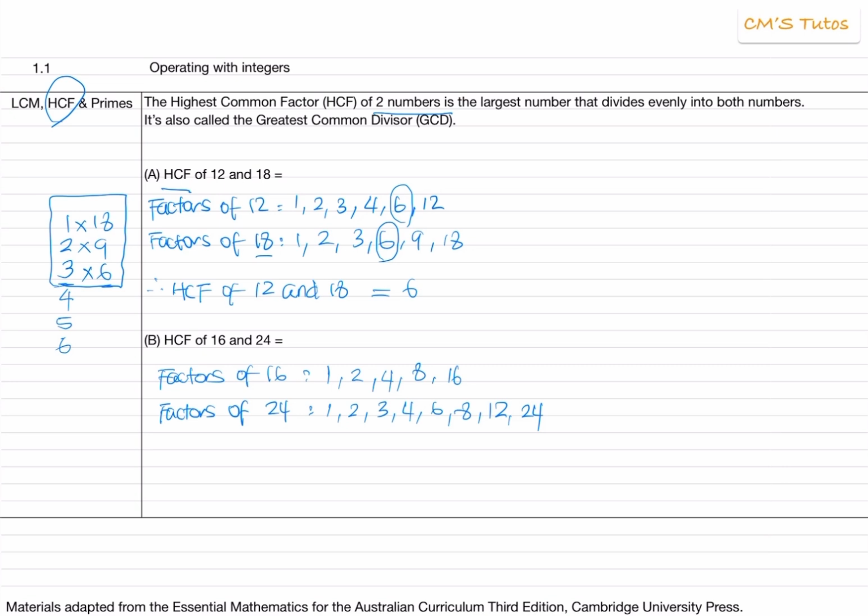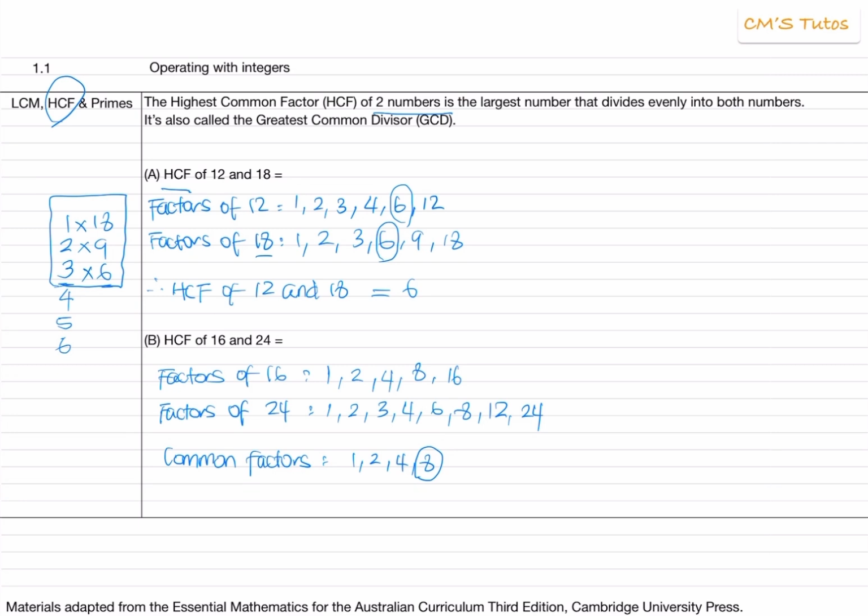So we can see from here the common factors are 1, 2, 4, and 8. So what is the biggest number they both share?